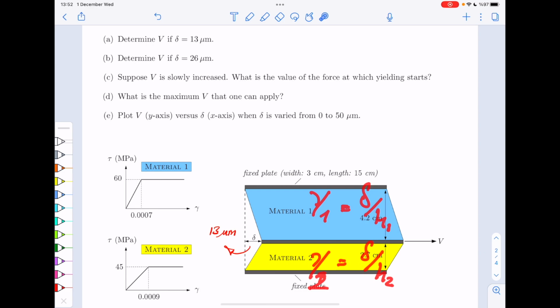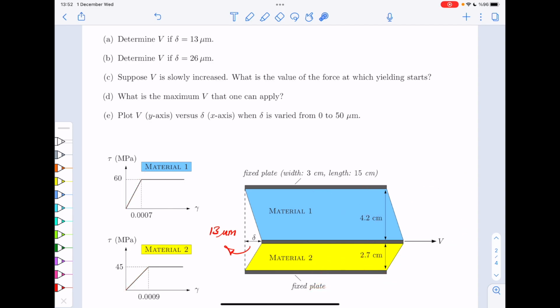These are the shear strains. From the shear strains, you calculate shear stresses, because you have these graphs. These two materials have two different yield stresses. If the shear stresses are smaller than the yield stress, it means everything you have done is correct because it's elastic.